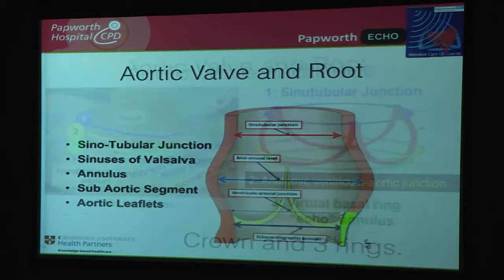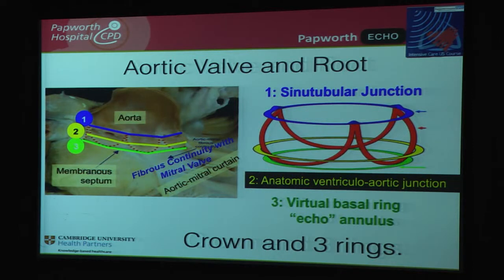Looking at the gross anatomical specimens of the aortic valve, when you open it, you essentially get three parallel lines. The blue line, line 1, shows the position of the sinotubular junction. Line 2 is where the sinus of Valsalva sits, and that forms the area where the artery meets the ventricle, in between the scallops.